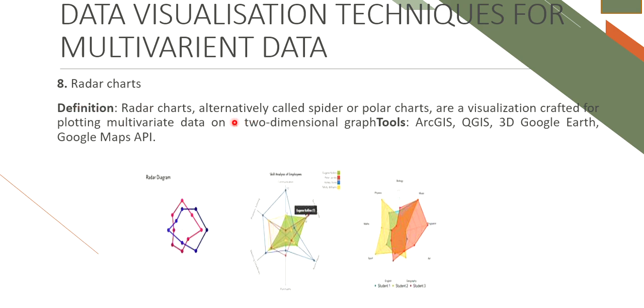So the last one is a radar chart. It is also called a spider chart or a polar chart. Why? Because it plots multivariate data on a two-dimensional graph. Radar is similar to the area chart we have discussed, shown in the form of a shaded area. This chart will tell you where a closed network or a cycle appears.